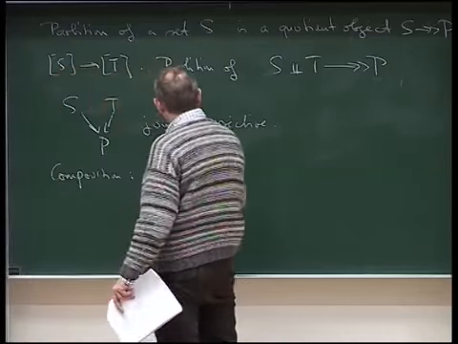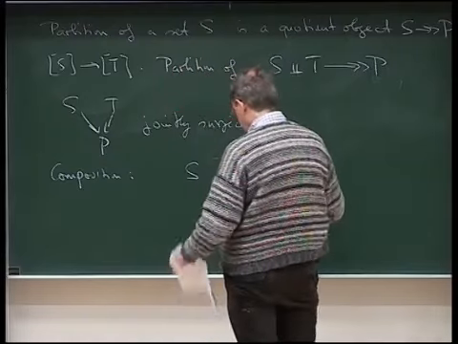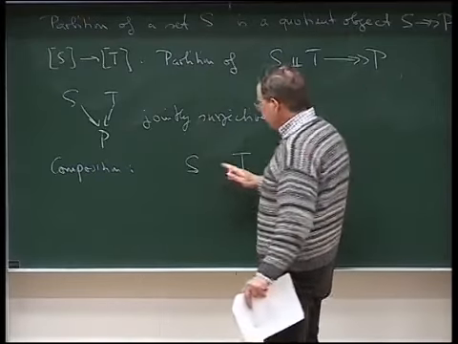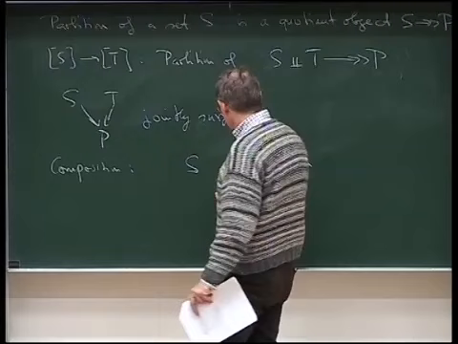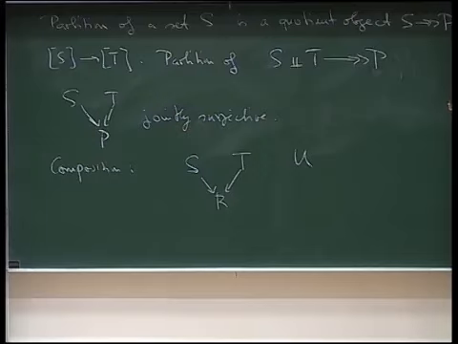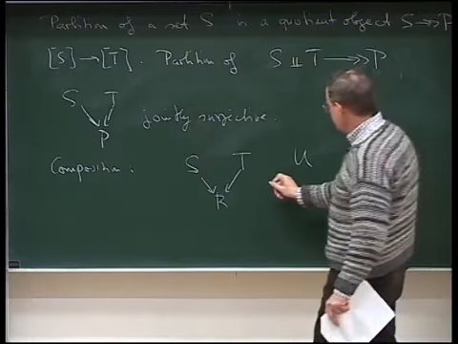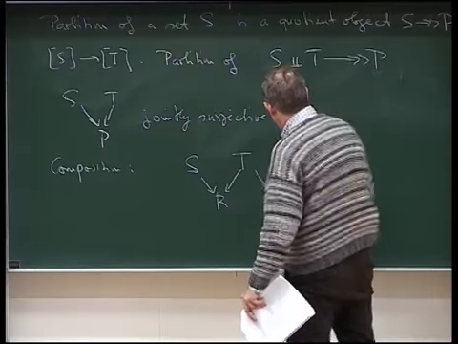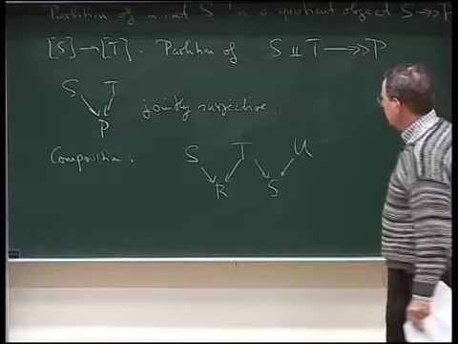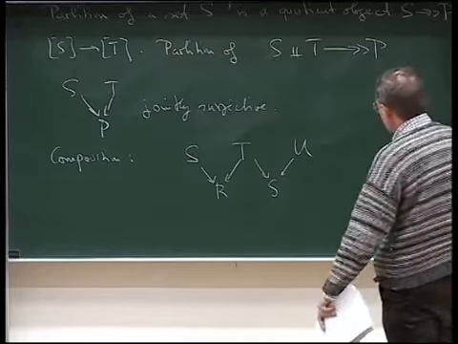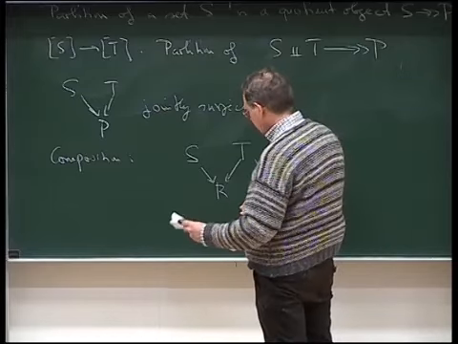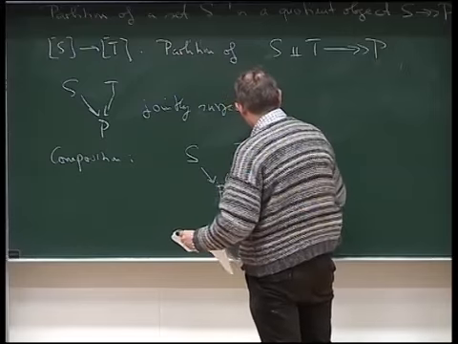You have three sets, S, T, and U. You have a partition of S union T. Let's call it P. And then we get a jointly surjective pair of arrows like that, and a jointly surjective pair of arrows like this. And how to compose these two? Well, if you trace through all this, all you do is you take the, no, this is not good, P and Q, I'm sorry.